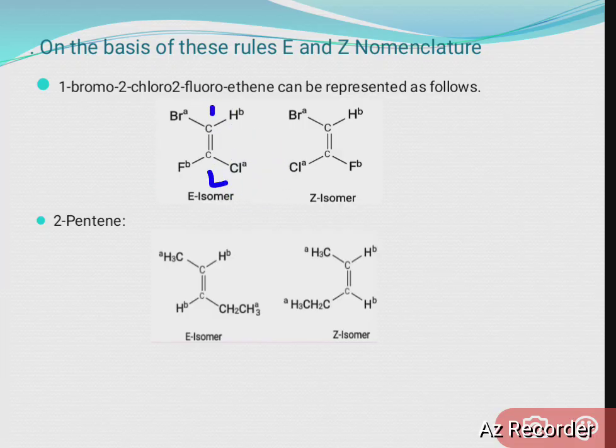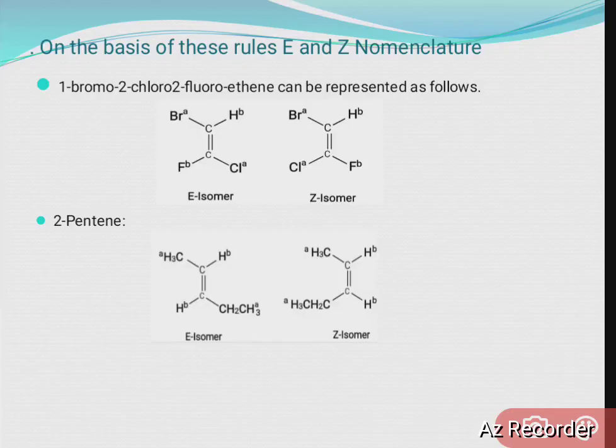This is the first carbon, second carbon. Position means it is attached to the second carbon atom. Hence, it is 2-chloro, 2-fluoro, and how many carbon atoms in the main chain? Two carbon atoms, hence it is eth. Due to the presence of the double bond, it is ene. Hence, the name 1-bromo-2-chloro-2-fluoroethene. Okay, this is the IUPAC name.